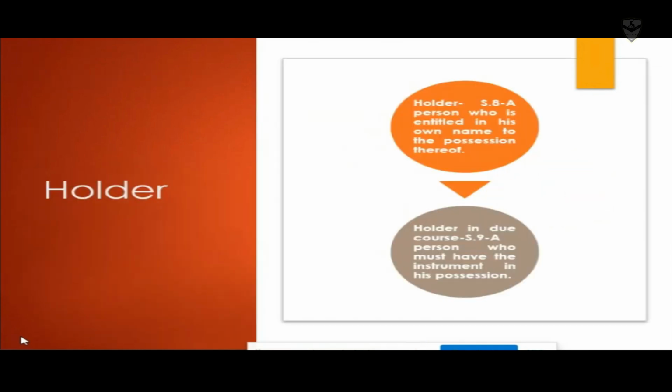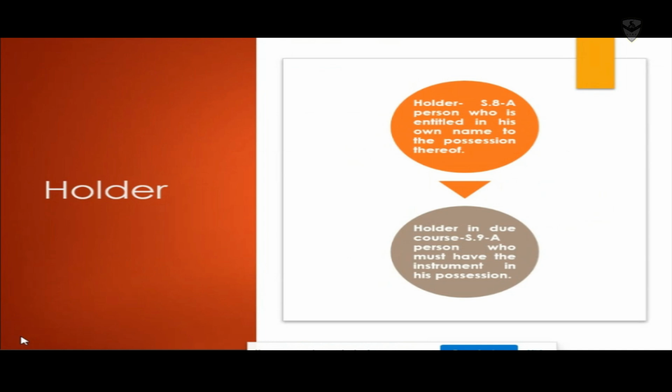So who is a holder? Section 8 of the NI Act defines a holder as a person who is entitled in his own name to the possession thereof. That means that if I am entitled to receive the check on my behalf, in my name, I am called the holder. Section 9 defines a holder in due course.